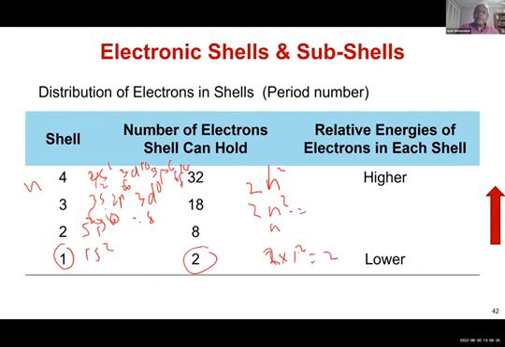N is 2 here, 2 times 2 squared, 8. N is equal to 3, you get 18. N is equal to 4, you get these numbers. All right? So this is the basic idea.